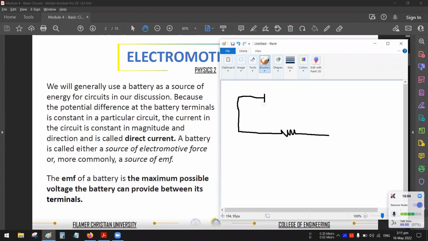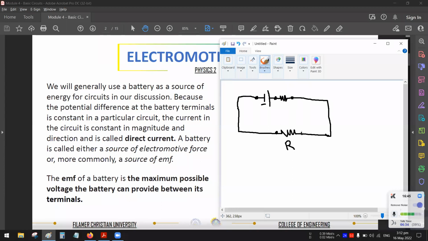This is the negative terminal, the shorter leg, then we have a positive terminal, the longer leg. Inside this battery there is a small resistance, which is what we call the internal resistance of a battery. This is our load, which has a certain resistance. And we have some distinct points here.